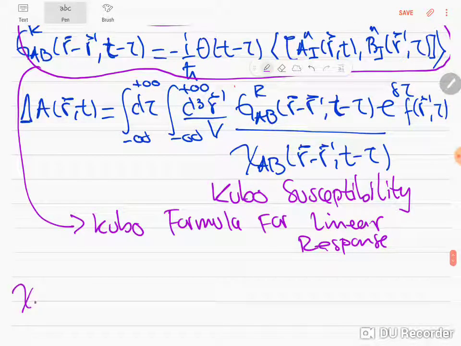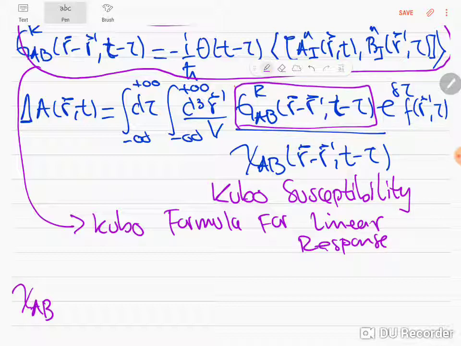Let's just write it again in terms of this χ, which is a susceptibility. If these operators are, let's say, one particle operators, this will be a two particle Green function or a two particle propagator. So then it's much more precise to call it a susceptibility. And this is that susceptibility χ_AB.